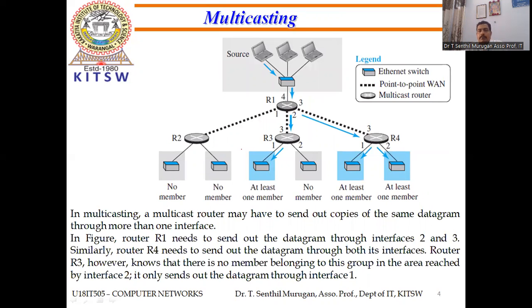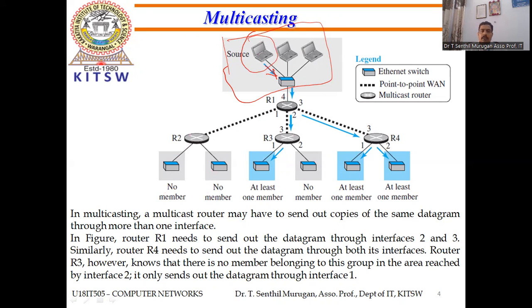See this diagram. This diagram represents how multicasting is working. This is the source network, the source router. This network is the source network, which is sending the message. The source node has a unicast address. This node sends the information to this router. The router will read the packet and accordingly forward it where it needs to go.